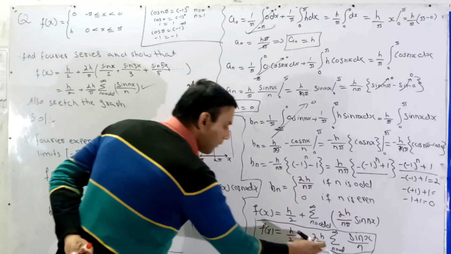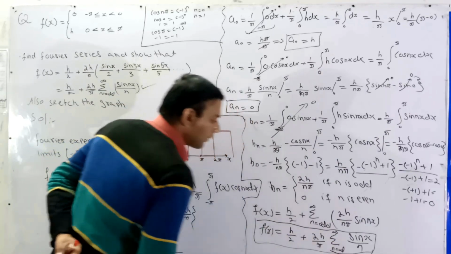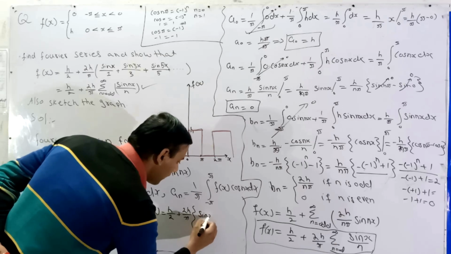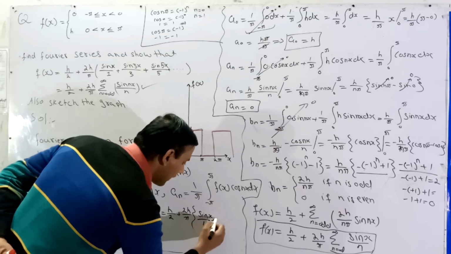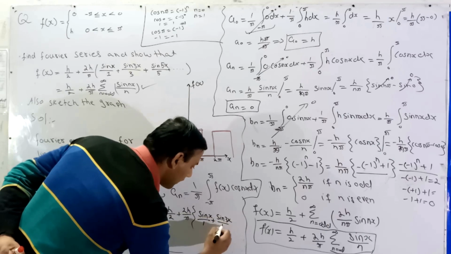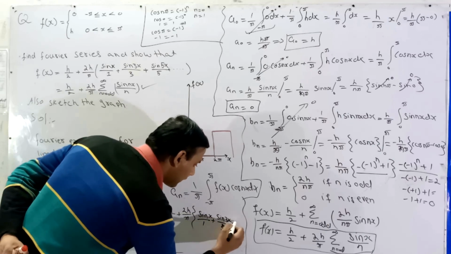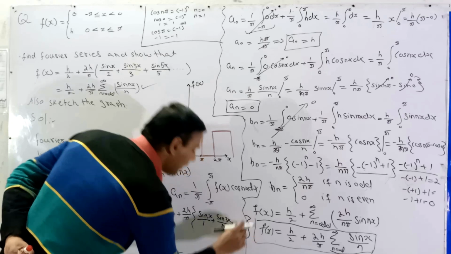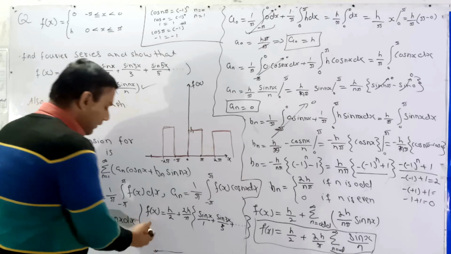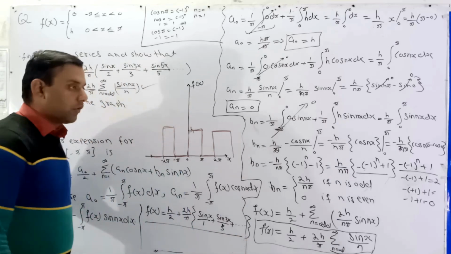First we have to put all the odd values. The first odd value is 1, sin x over 1, and second is 3, sin 3x over 3, plus so on, including only odd values. And this is the second requirement of our question.